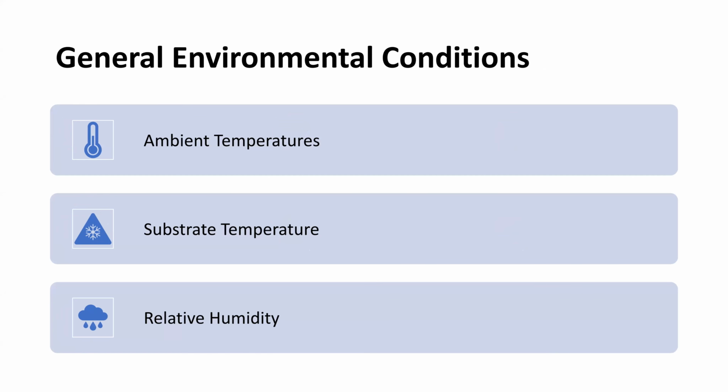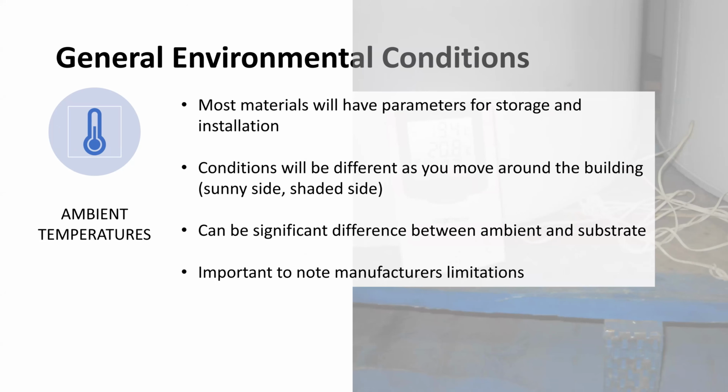Okay, so let's get into some of the general environmental conditions. We're going to talk about ambient, substrate, and relative humidity and what those impacts are. So from an ambient temperature side of things, all materials are going to have some parameters for storage, right? And it's going to depend on what the makeup of the material is.